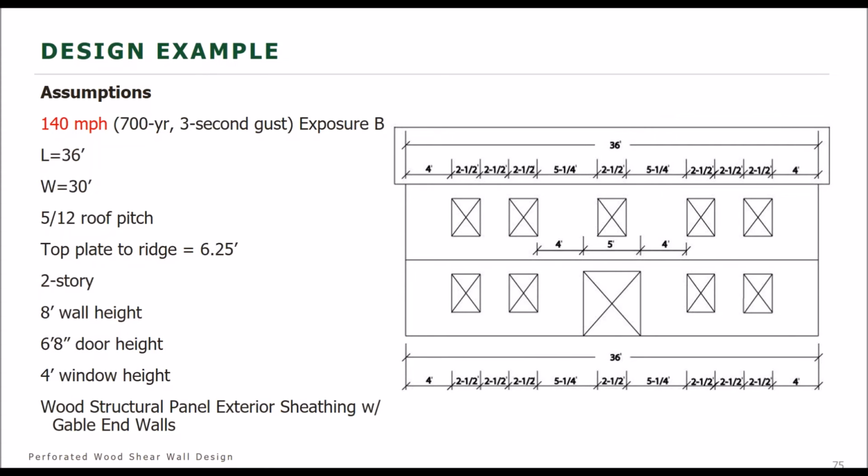The length of the wall into the plane of your screen is 30 feet. Our roof pitch is 5 and 12, and our top plate to ridge height is 6.25 feet. It's a 2-story structure. Our wall heights are 8 feet, and our door height is limited to 6 feet 8 inches, so we are within that restriction. Our windows are 4 feet in height, and we have wood structural panel exterior sheathing with gable end walls.